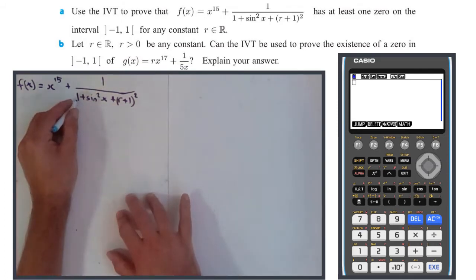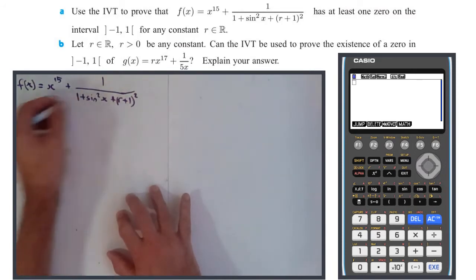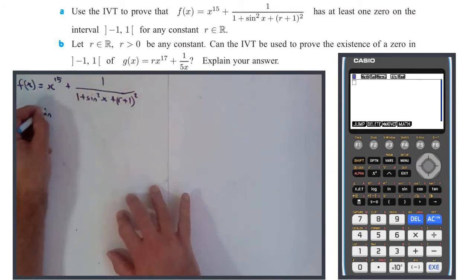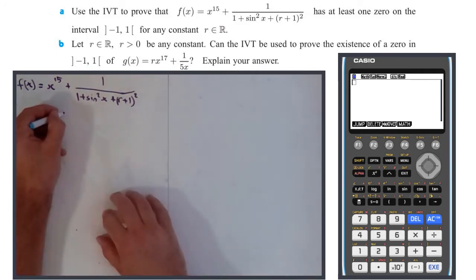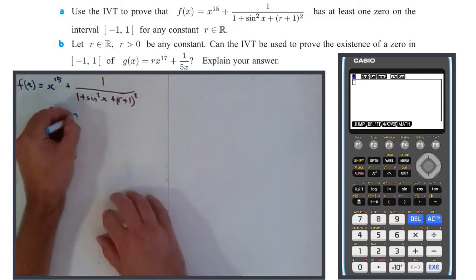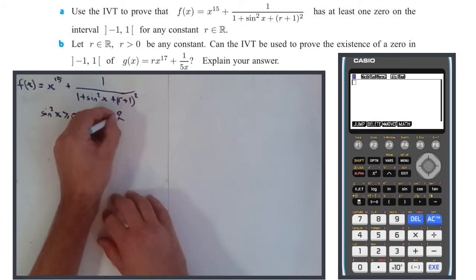Well, you know that 1 is always greater than 0. If we take the sine squared x, sine x can obviously be negative or positive, but once you square it, it is going to be greater than or equal to 0 for all real x.